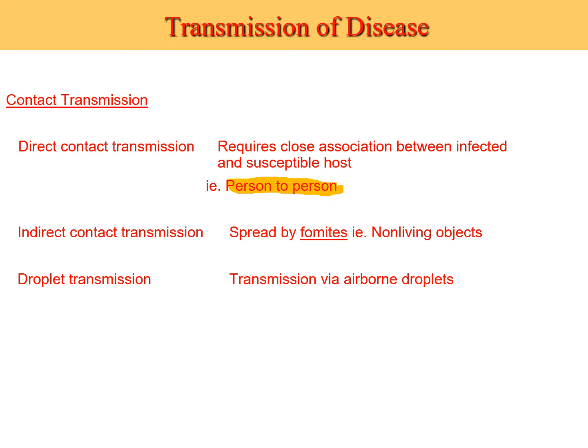There is indirect contact transmission where it is spread by non-living objects, and these non-living objects are called fomites. So this would be, for example, something transmitted by needles that get infected with a virus, like hepatitis B. Very common way that hepatitis B gets transmitted from individual to individual is through a fomite, a needle.